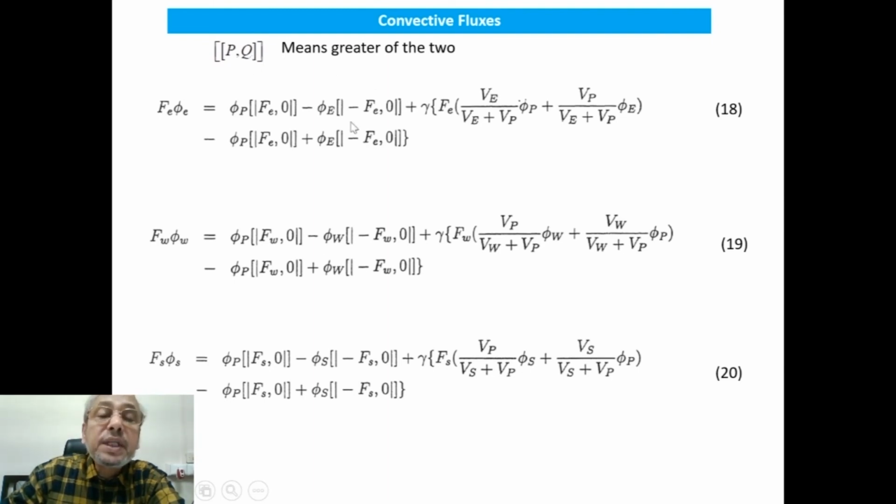right? So velocity can be negative. In that case, this will be minus Fe will be greater of the two. So, and if it is positive, then obviously it will be greater of the two. So this will eventually decide the direction, depending on direction of velocity, will involve the upstream point phi P or phi E, and this is the central difference.